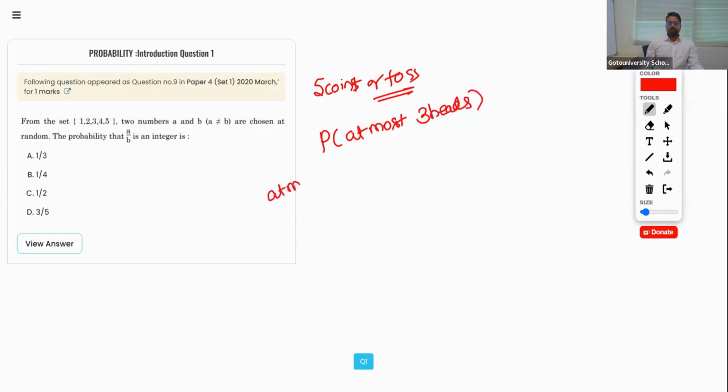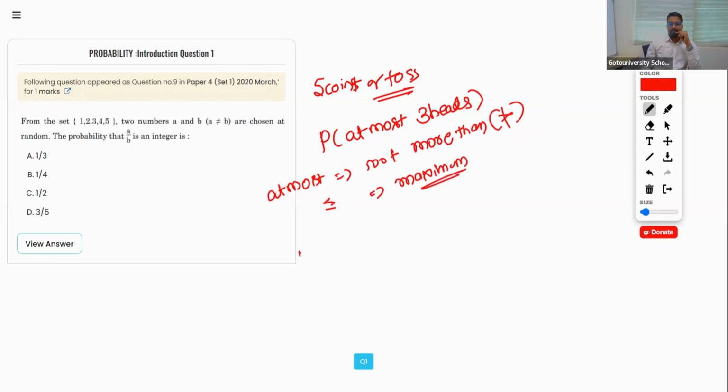At most, we can also say, means not more than. That is, not more than, meaning it has to be less than or equal to. Or maximum, all are the same.